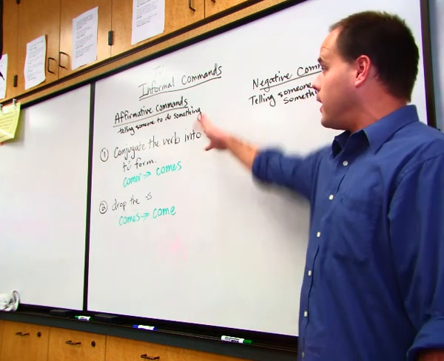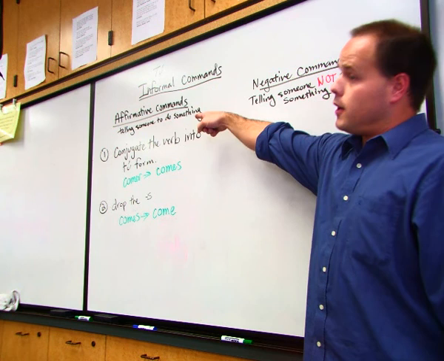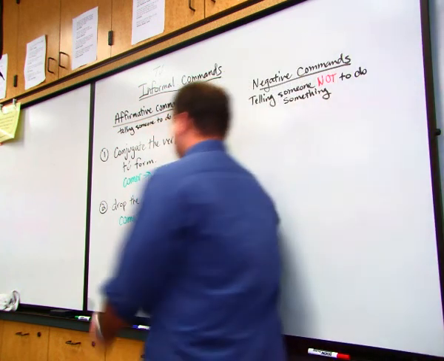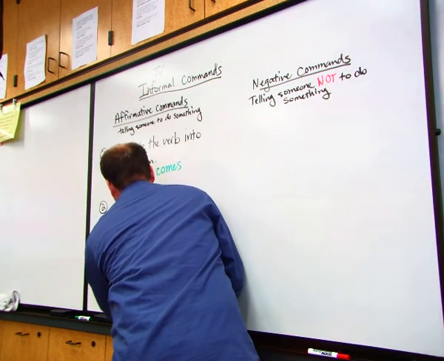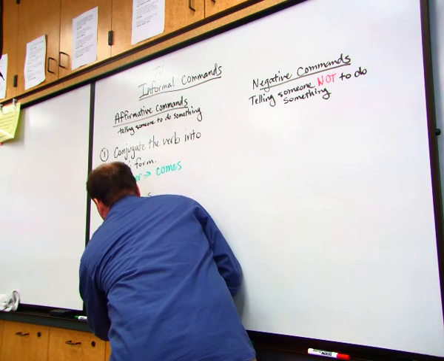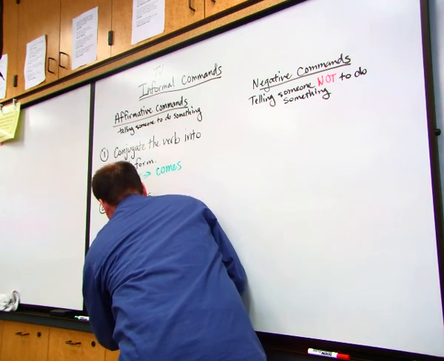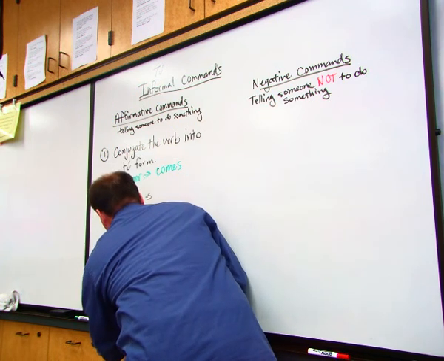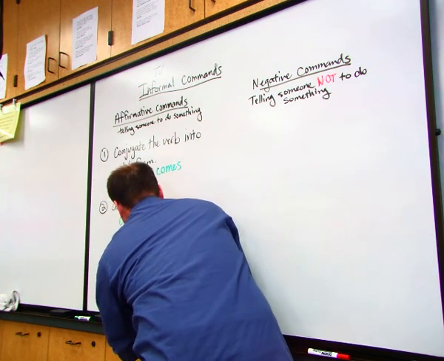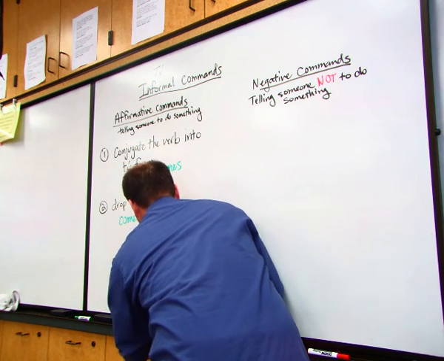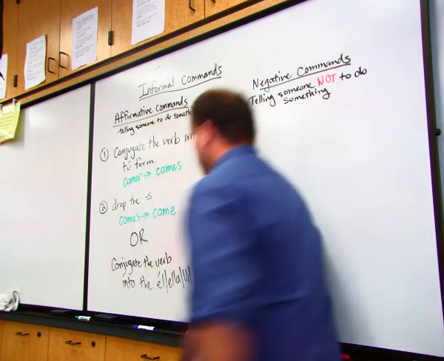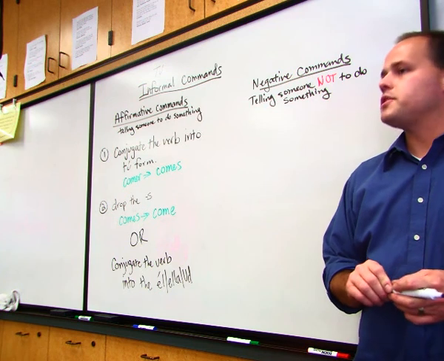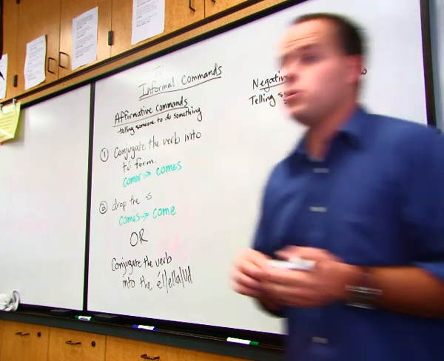So the shortcut for making an affirmative tú command is to just conjugate the verb into the él, ella, usted form. That's it. That's how you would do it.